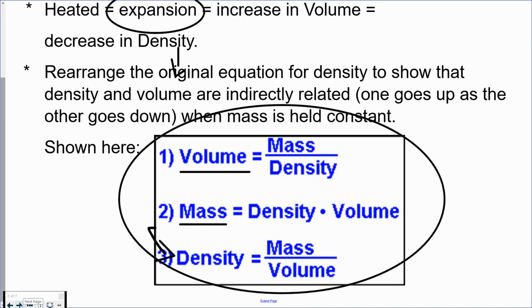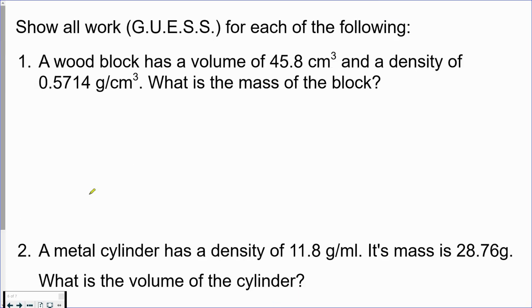So let's go ahead and let's run through some problems together. So we're going to work through GUESS. Okay, and GUESS is just saying, hey, show your work, show your givens, then your unknown, your equation that you're going to use, substitute it in, and then give me your final answer. So for G, it's your givens.